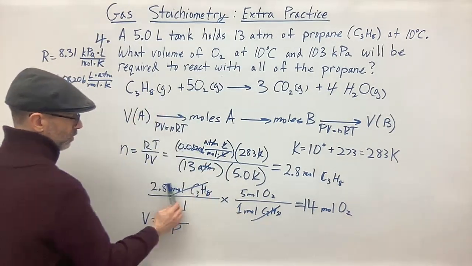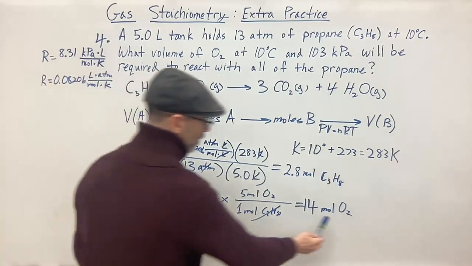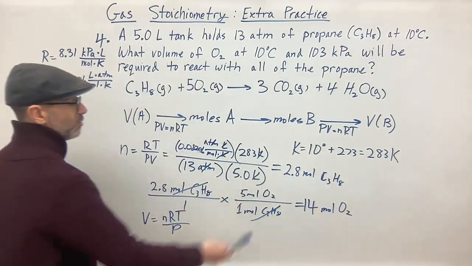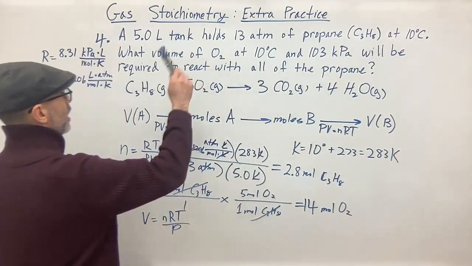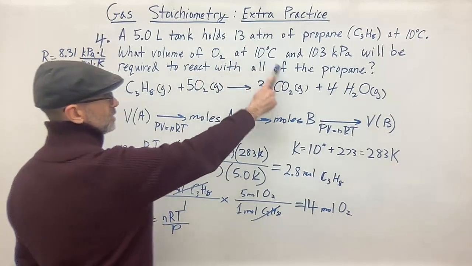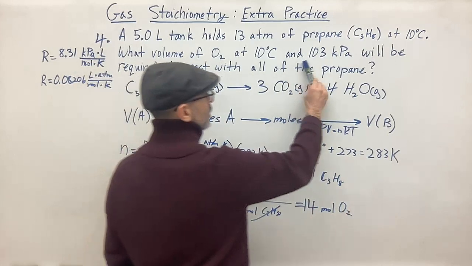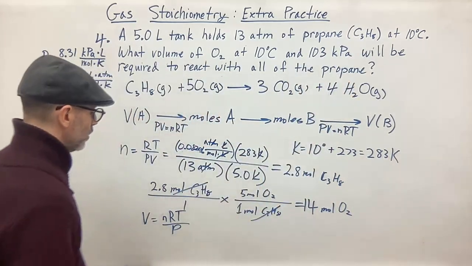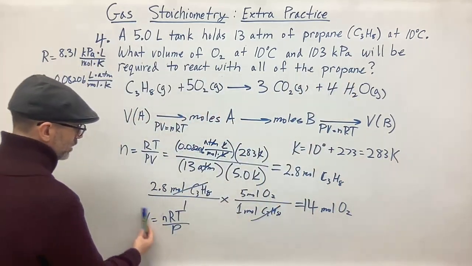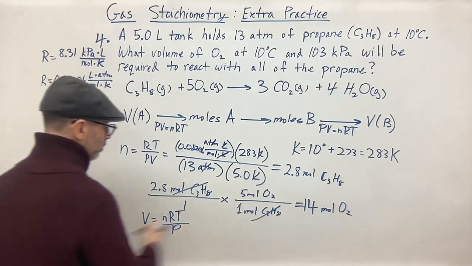So I convert moles of propane to moles of oxygen, and now I have my moles of oxygen. I have the temperature, 10 degrees Celsius, which is again 283 Kelvin, and I have 103 kilopascals. So I'm going to solve my equation for volume because that's what we want, and I'll plug everything in.